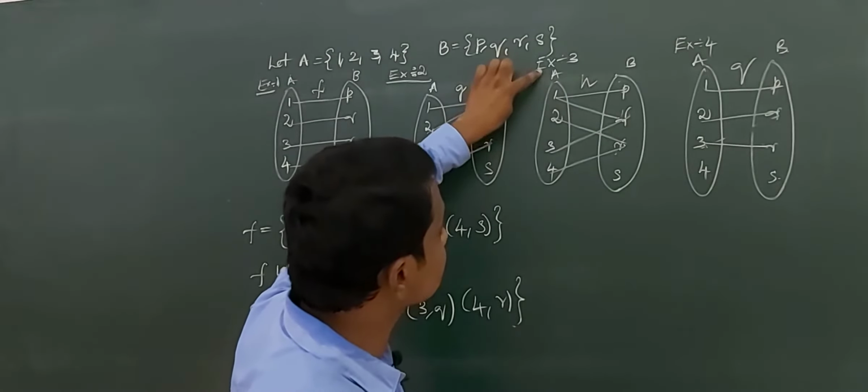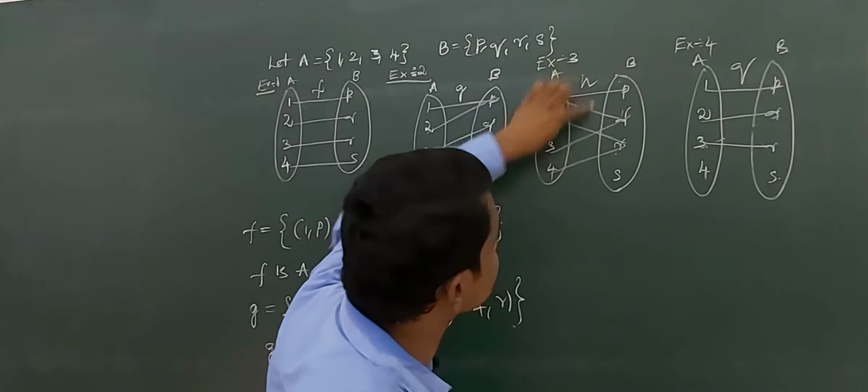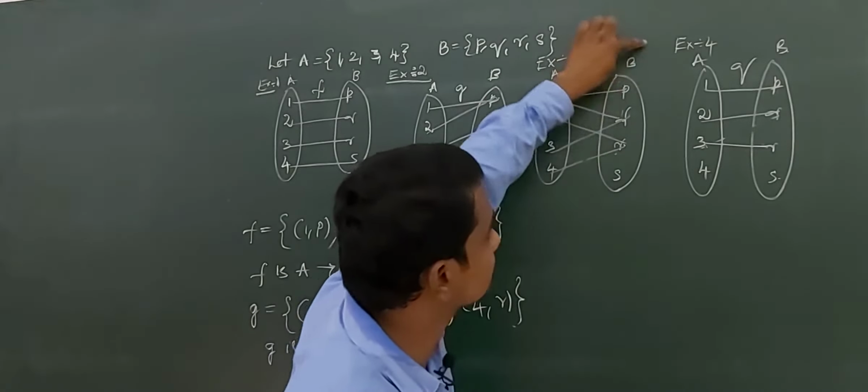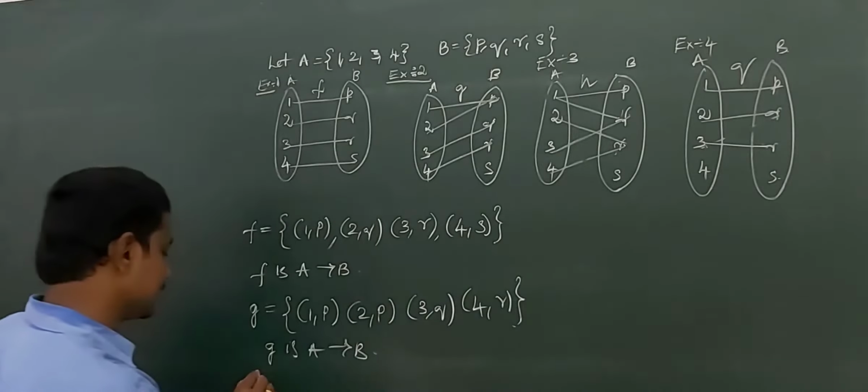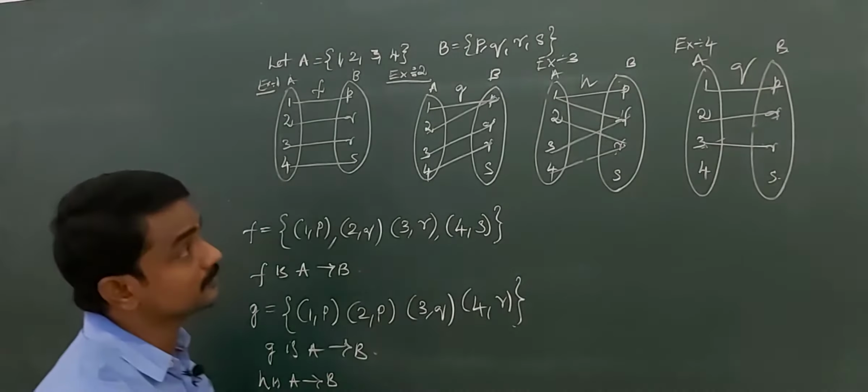Here 1 belongs to A, and 1 has two images in B. It fails the function condition. So H is a relation from A to B, but not a function from A to B.